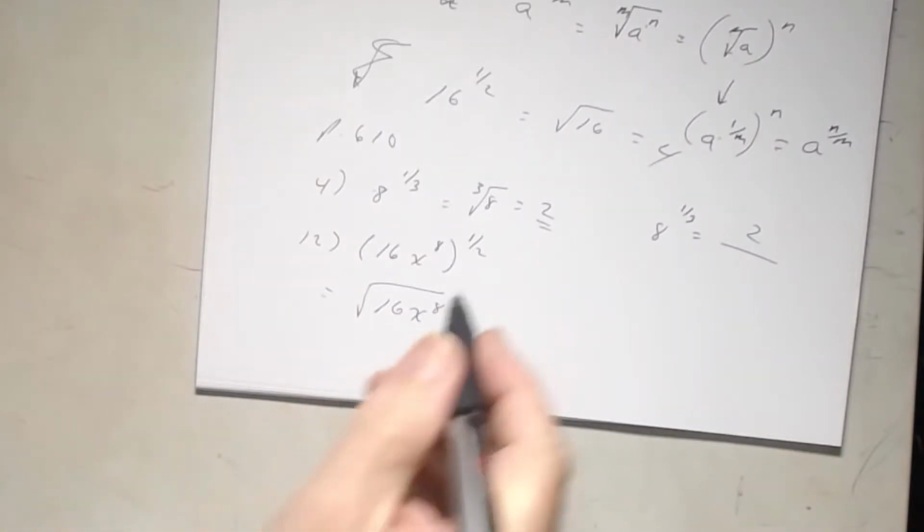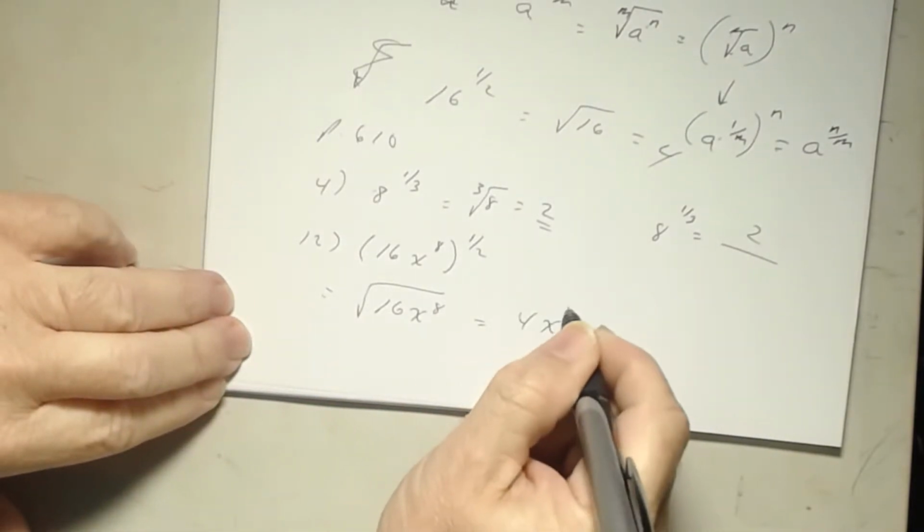And now that looks like the previous section. What's the square root of 16? 4. What's the square root of x to the 8? X to the 4th, right? 8 divided by 2 is 4. So you'll agree that's 4x to the 4th? Square root of 16 is 4. Square root of x to the 8.